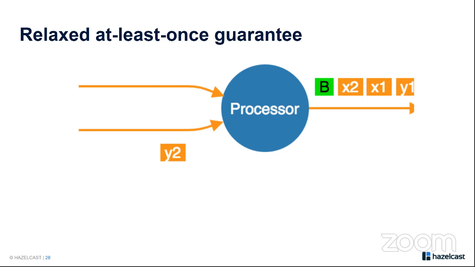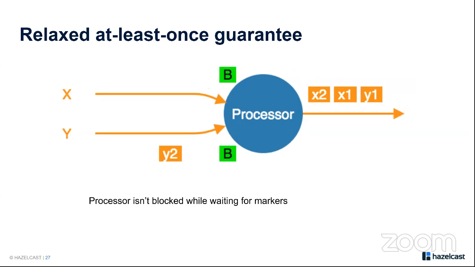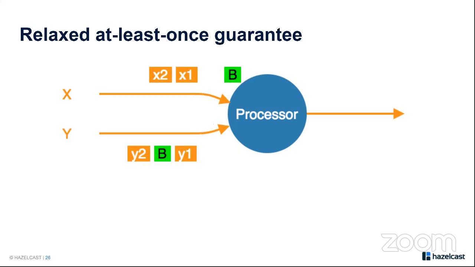If the job fails and restarts, and we restore from this state, the processor state already reflects the changes caused by X1 and X2, and X1 and X2 will be delivered again. So they will be essentially processed twice.